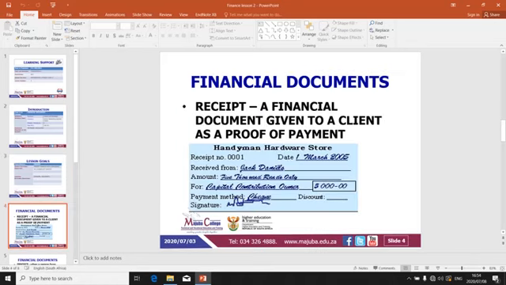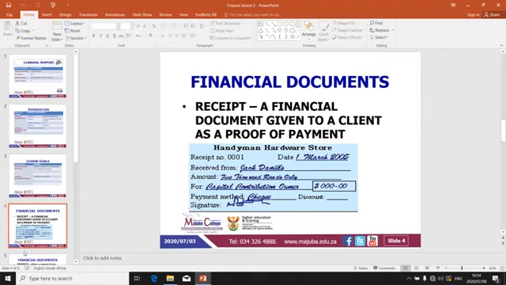The first financial document that we are discussing here is the receipt. What is a receipt? It's a financial document that is given to a client as proof of payment.